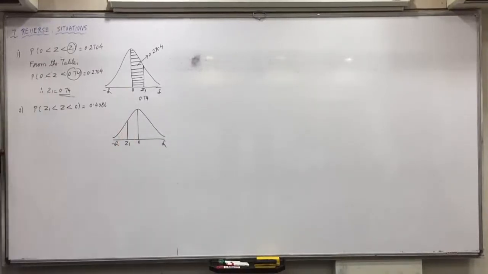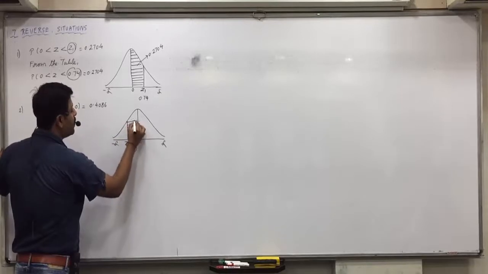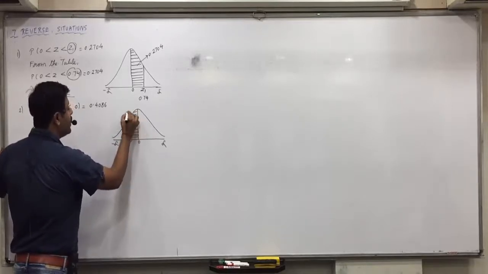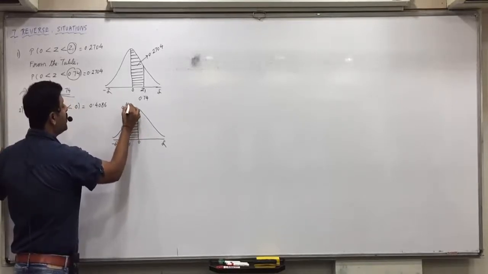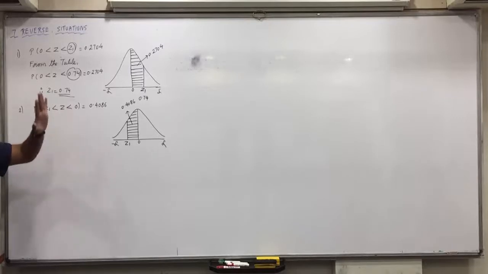Able to understand it? Between Z1 and 0 means this area. Between Z1 and 0 means this area is 0.4086. No, 4086 only I want. Is everyone clear with this? Now listen carefully. In the table, in the first column, 0.00, which is the value of area just less than 4086? 4032.